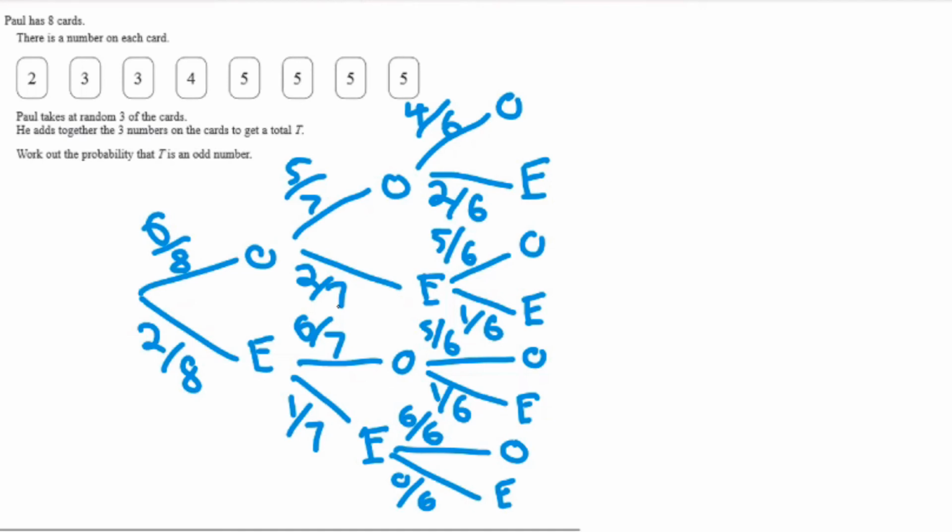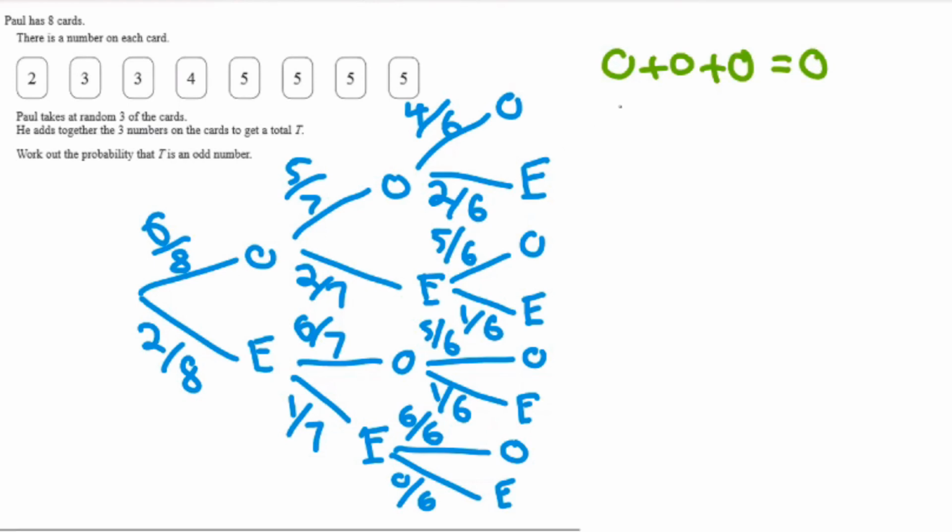Alright, now that we have our tree, we can work out what combinations of these would lead to adding together to make an odd number. If we were to add an odd and an odd and an odd, that would give us an odd answer, right? If, however, we did 2 odds and an even in any order, that's only going to give you an even answer, because an odd and an odd on their own is even, add another even, yet more even.